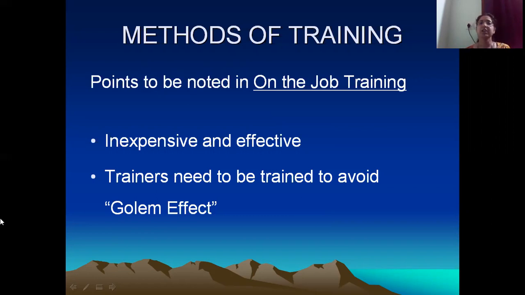During one training program, a particular organization wanted to test the effect of Golem effect. So it caught hold of a group of employees. All the employees in that group were equally capable, with equal IQ, intelligence levels, skills, and capabilities.